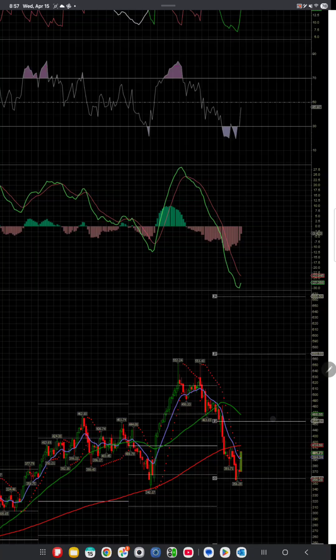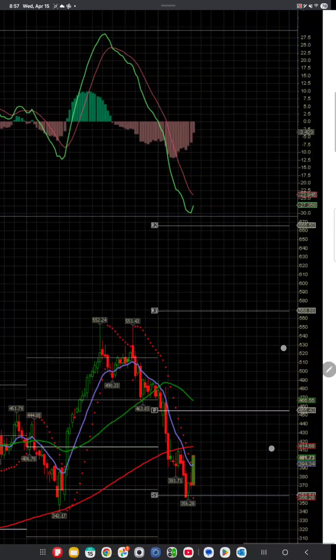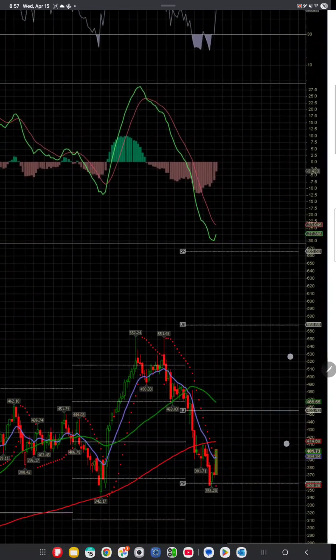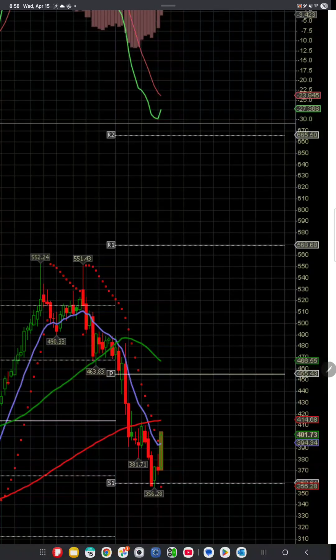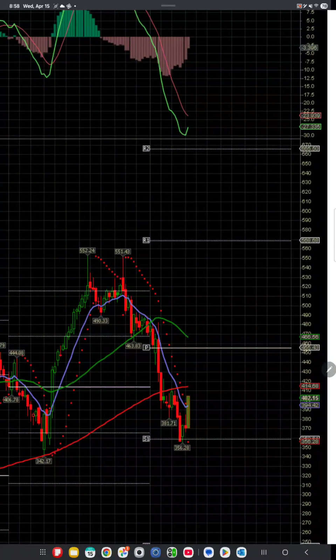Okay, so pivot line may be the target. Okay, so 455 is doable for this year because it started the year at this level here. So it should get there hopefully before the end of the year. All right, so that's the 40-week moving average. That's the 10-week moving average.